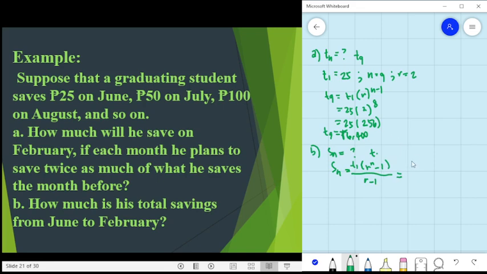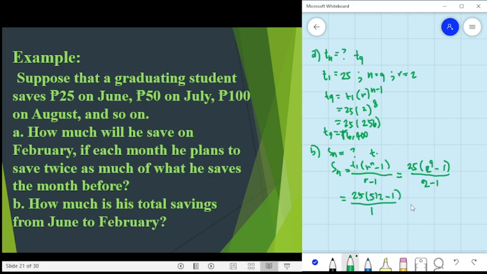So, our t sub 1 is 25 times r is 2, exponent 9 minus 1, all over 2 minus 1. So we can now have 25 times what is 2 to the 9, 256 times 2, that would be 512, minus 1 all over 1.